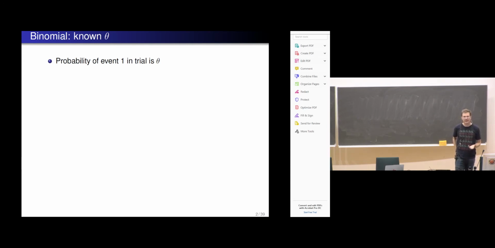So last time I used the example of drawing a coin or having chips in the bag, and then one event could be that I pick one chip, and the probability of getting a red chip would be theta.